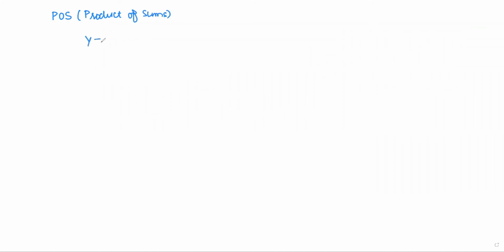So here you can see that if you are being provided terms like A plus B plus C and A plus B plus C bar, and it can be written as A bar plus B plus C. So this is called canonical POS.